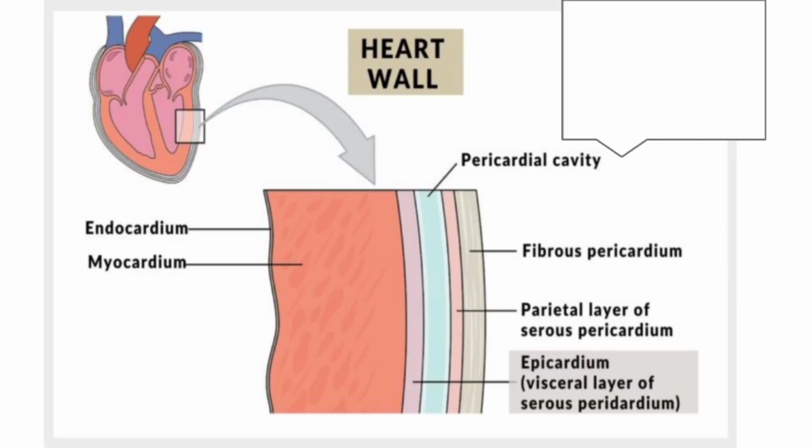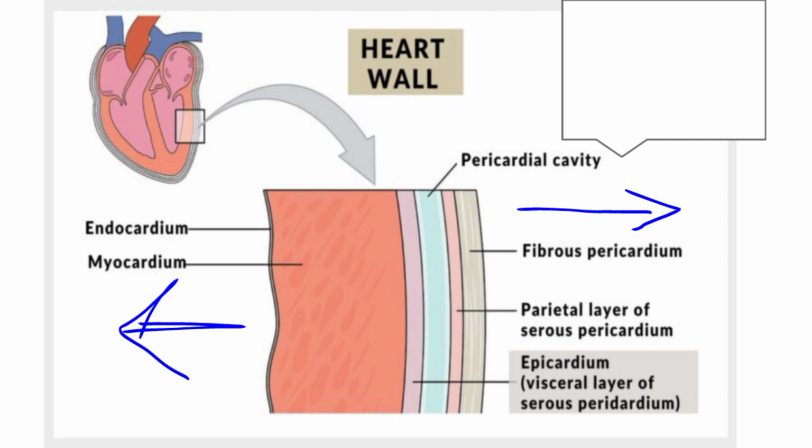Now, I earlier said that the wall of the heart is composed of three different layers: the epicardium, the myocardium, and the endocardium. This diagram helps us imagine how they look. This side signifies the innermost part of the heart, and towards the other side is the outermost part.